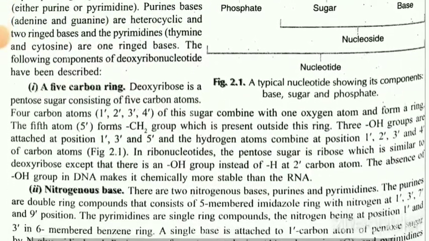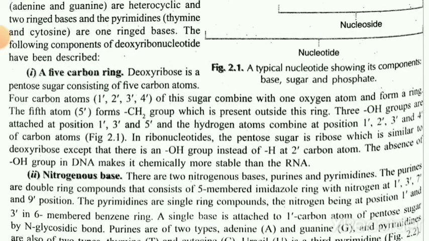OH groups are attached at positions 1', 3' and 5', and the hydrogen atoms combine at positions 1', 2', 3' and 4' of carbon atoms, Fig. 2.1. In ribonucleotides, the pentose sugar is ribose, which is similar to deoxyribose except that there is an OH group instead of H at the 2' carbon atom. The absence of the OH group in DNA makes it chemically more stable than RNA.